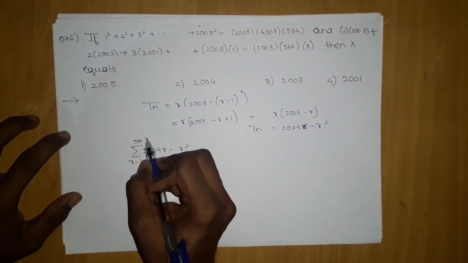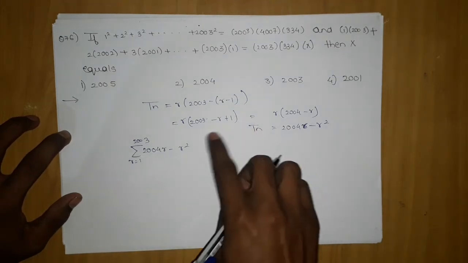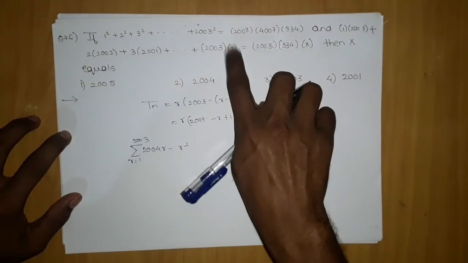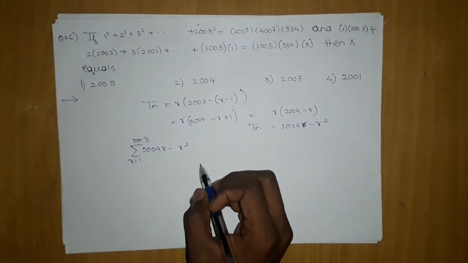What will be my limit? At 2003, 1 will cancel out, 2002 will cancel out, and my final answer will be 1.